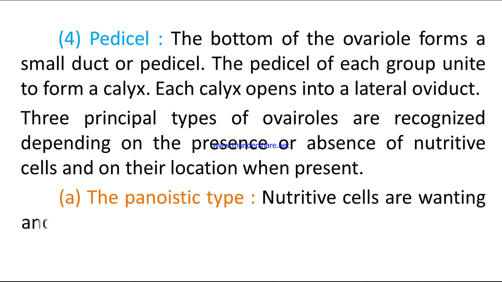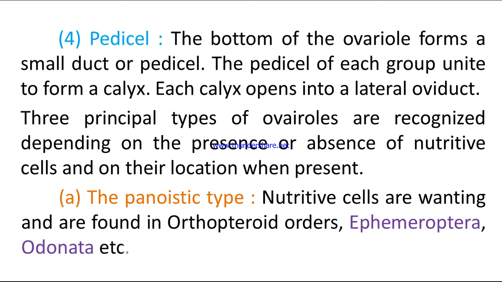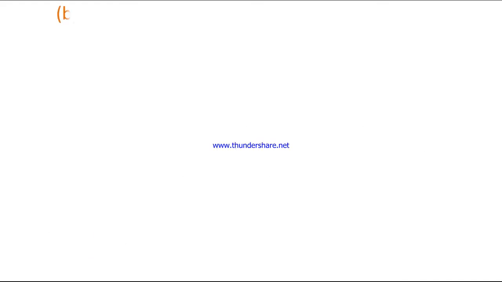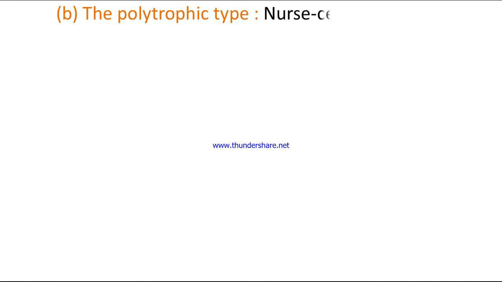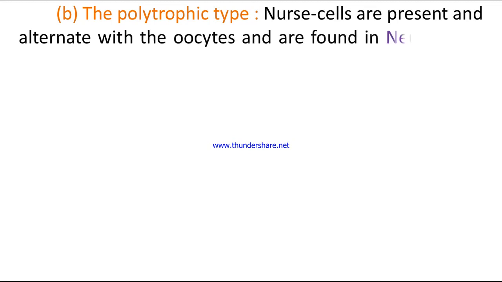Nutritive cells are wanting and are found in orthopteroid orders, Ephemeroptera, Odonata, etc. Number B, the polytrophic type. Nurse cells are present and alternate with the oocytes and are found in Neuroptera, Coleoptera, etc.